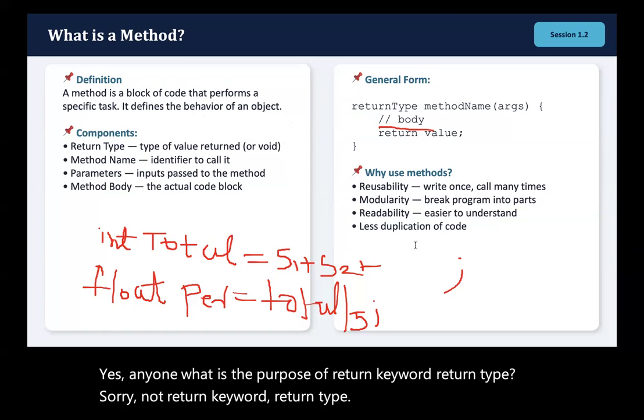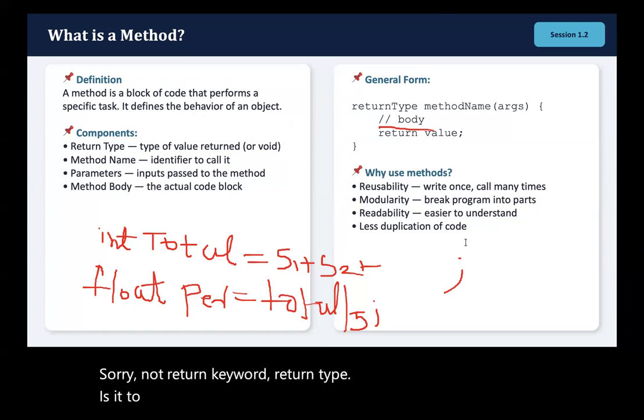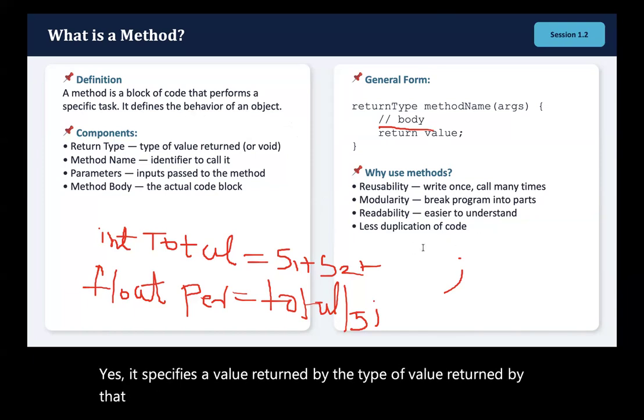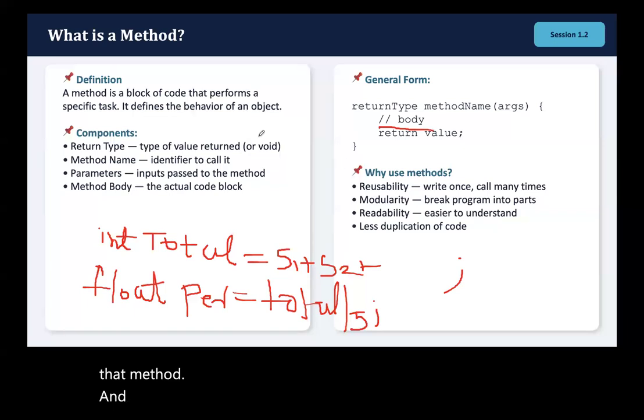Is it to return the value from a method? Yes, it specifies the type of value returned by that method. And then which keyword is used when nothing is returned?